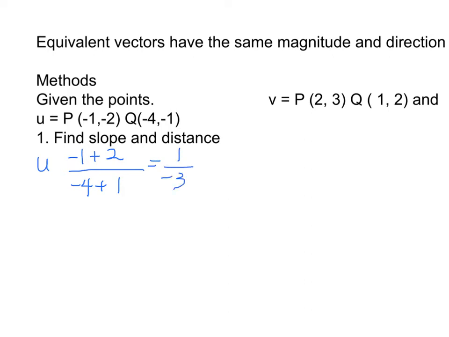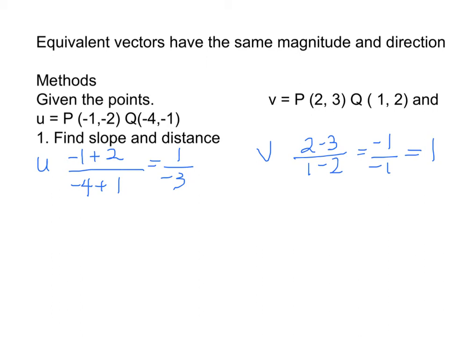The slope of the v vector would be 2 minus 3, that's the y minus y, over 1 minus 2, which is negative 1 over negative 1, which is 1, and those are not equivalent. So these two vectors fail on the slope, and this shows it. They do not have the same slope, they are not equivalent.